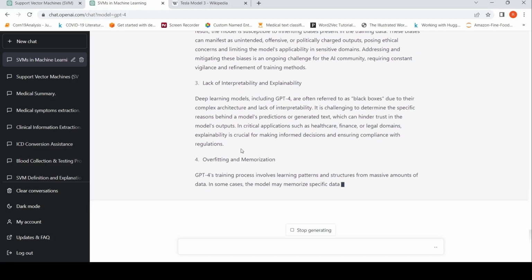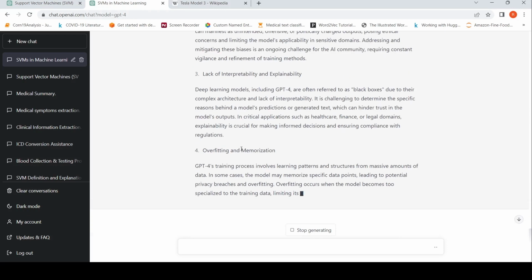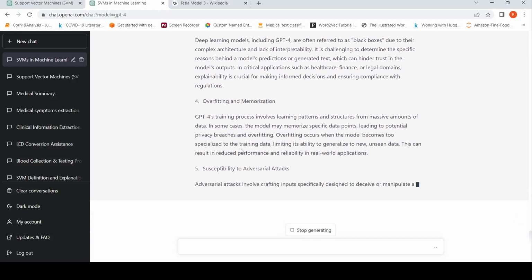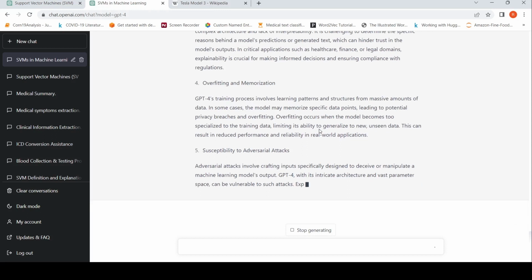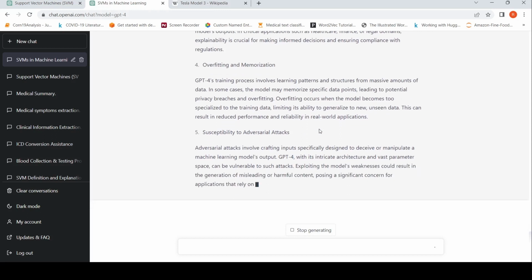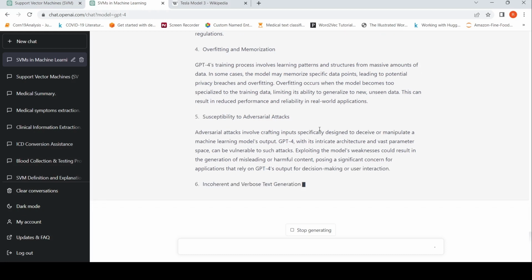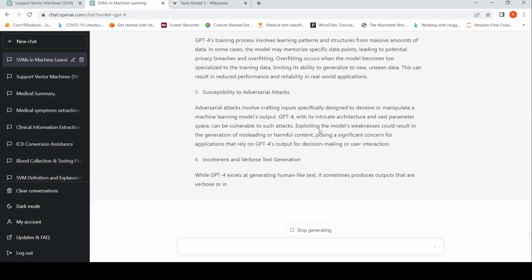It can overfit, it can memorize. Good. Susceptibility to adversarial attacks. Good. I expect the same set of responses when I ask this question of GPT 3.5. Incoherent and verbose text generation is possible.